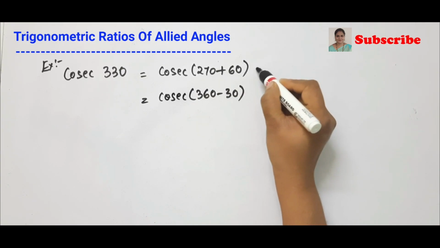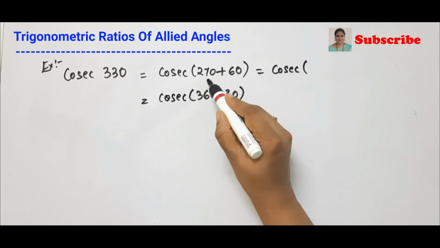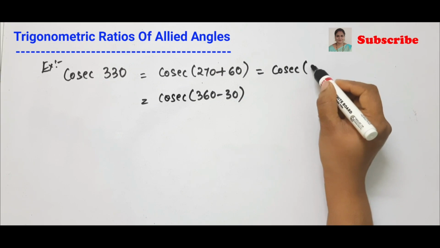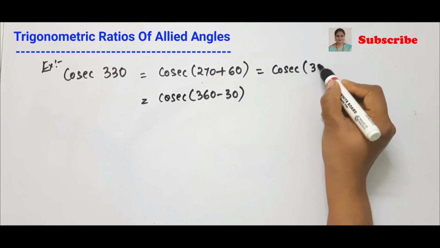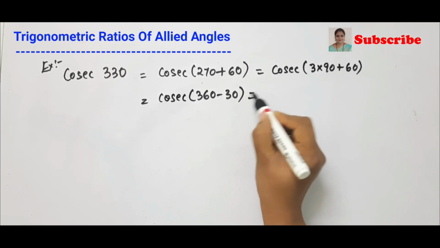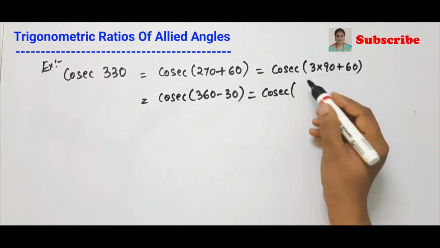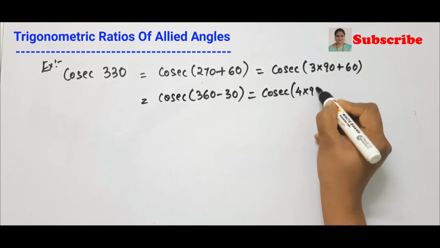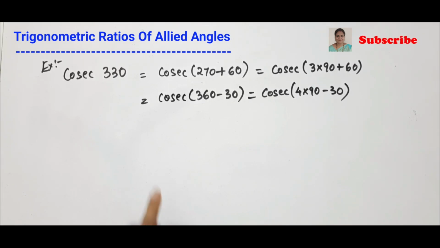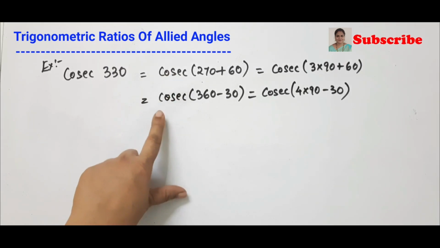The first is cosecant of an odd multiple. 270 is an odd multiple, is it not? We have just learned. So 270 can be expressed as 3 into 90 plus 60. The other can be expressed as cosecant of an even multiple, is it not? So this is 4 into 90 minus 30. This cosecant 330 can be expressed like this. You can solve like this or like this.